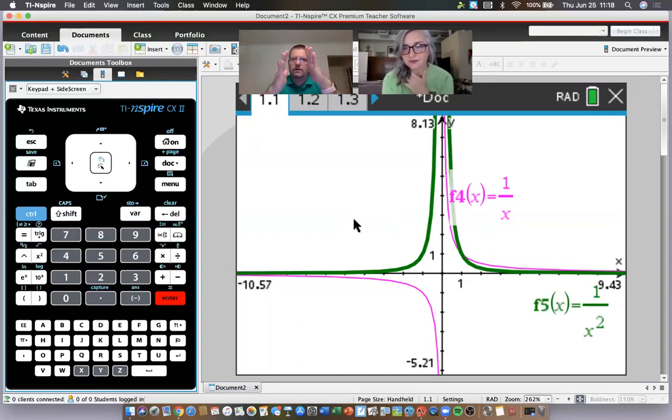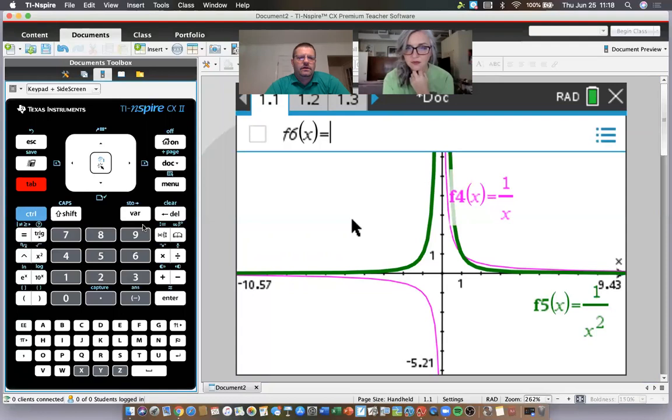It's a little steeper because when we square numbers bigger than 1, they get bigger. Now that asymptote is also at 0, because if I put 0 in and square it, it's still 0.